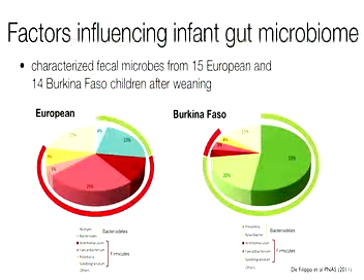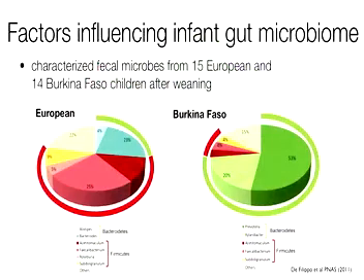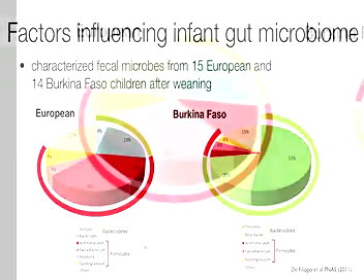The green parts of the circle are the Bacteroidetes and the red are the Firmicutes. And you can see that the kids on the right from Burkina Faso, most of their gut microbiome are these Bacteroidetes bacteria types, which is almost the exact opposite of the gut microbiome of the kids from Italy, where more than half of their microbiome are these Firmicutes.